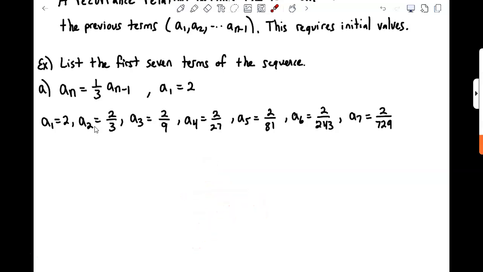Of course, when n is 1, that would be (1/3) to the 0, which gives 2. When n is 2, that would be 2 times (1/3) to the 2-1, which would be 2/3. And for 3, it would be (1/3) squared, then cubed, and so on. So some recurrence relations you can get into a formula pretty easily, and this was definitely an example of that.